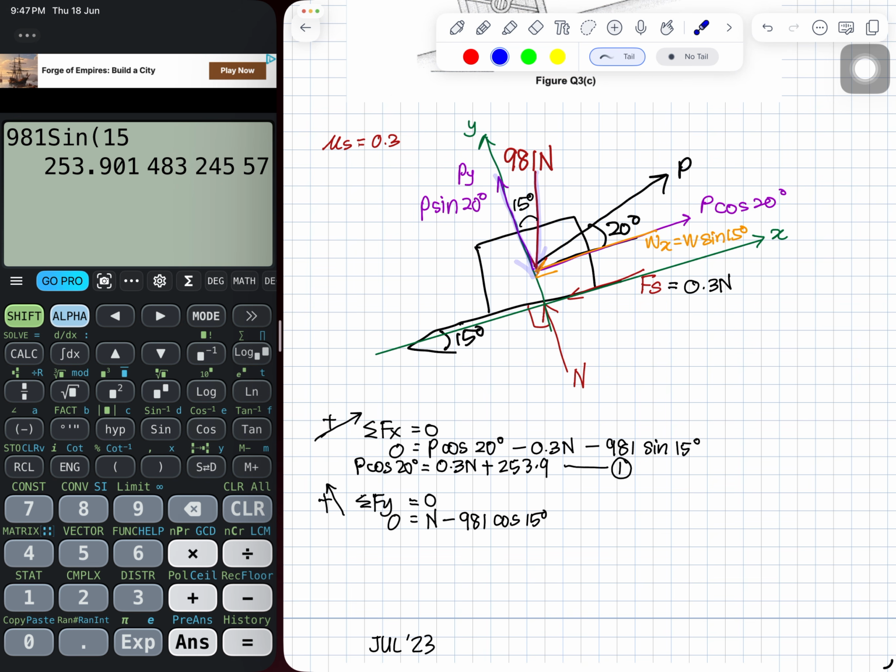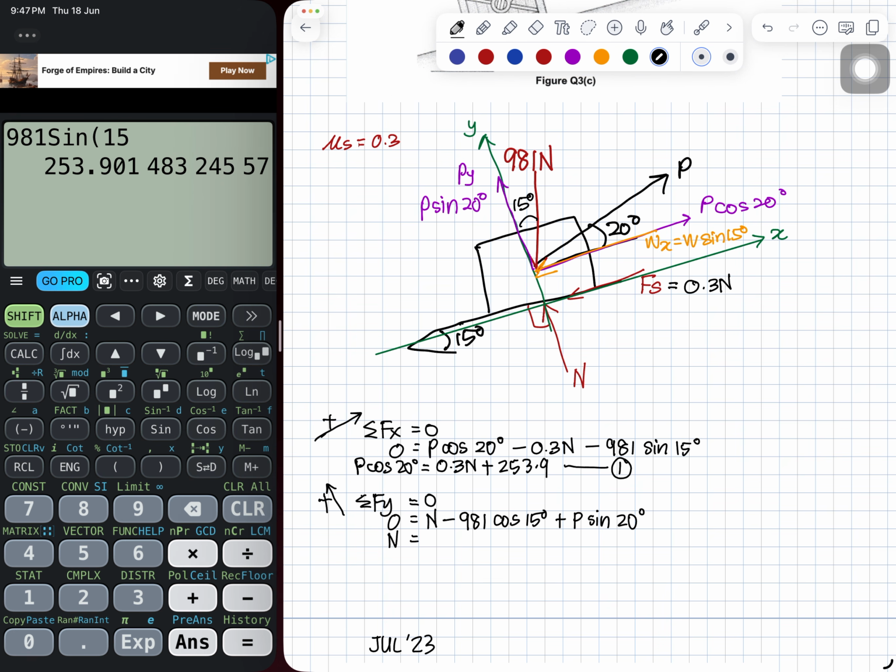And then for Py, it is upward, so we need to add P sine 20. That's it.